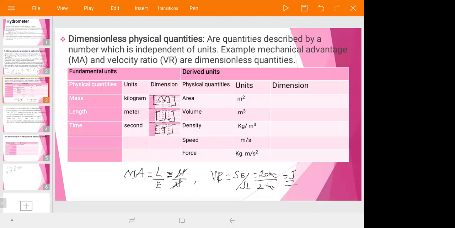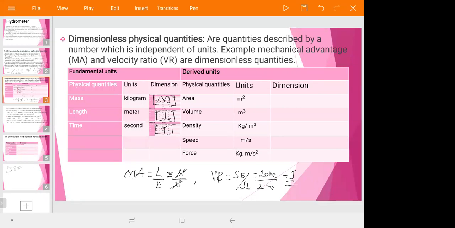Look, fundamental physical quantities are mass, length, and time. We have seen their dimensions. What about derived physical quantities? Let us see their dimensions. For example, derived physical quantities are area, volume, density, speed, force, power, and so on.